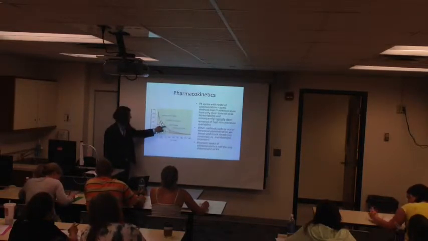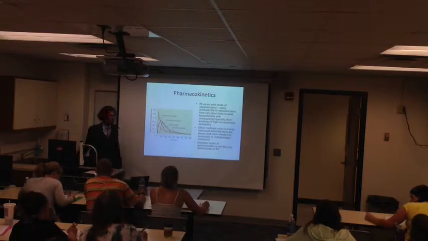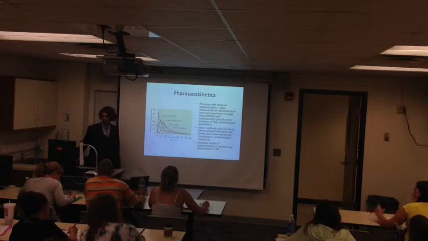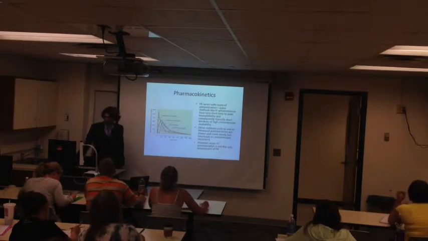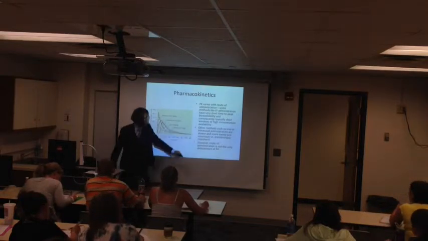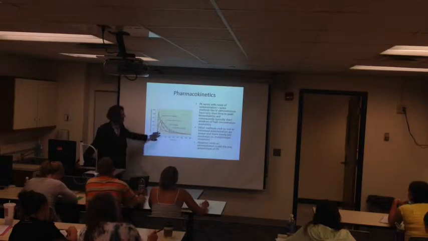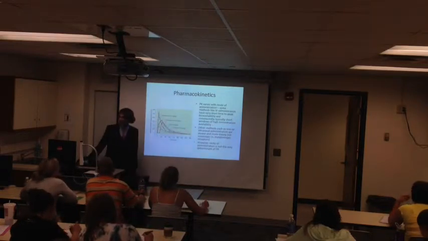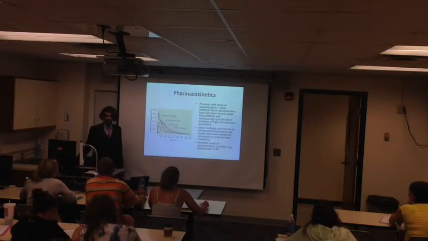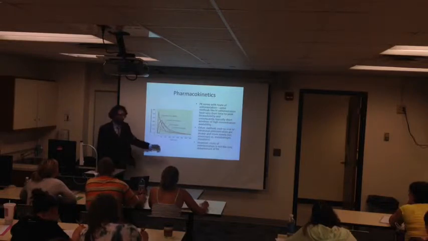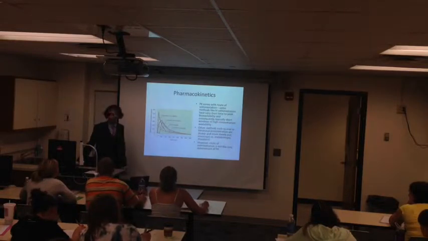So if you look at some of these other routes, they provide slower and steadier availability of medication in comparison, say, to IV administration. You might compare that to our discussion just a few minutes ago of ionotropic and metabotropic receptors. Conceptually, in the same way, there are routes that allow for very rapid availability of a drug, and there are routes that allow for long-term availability of a drug.